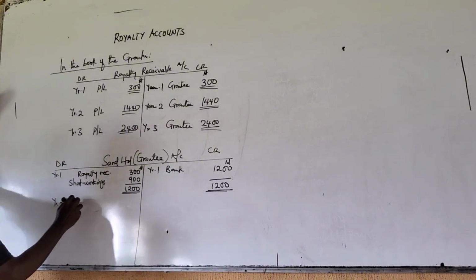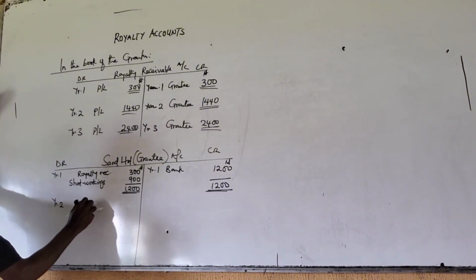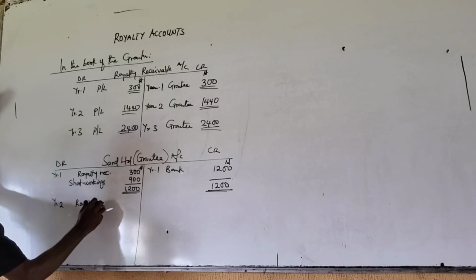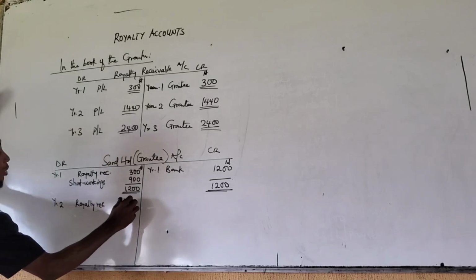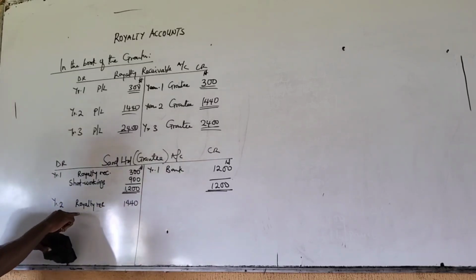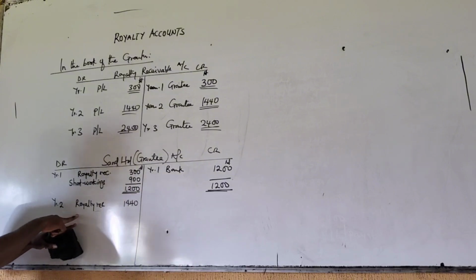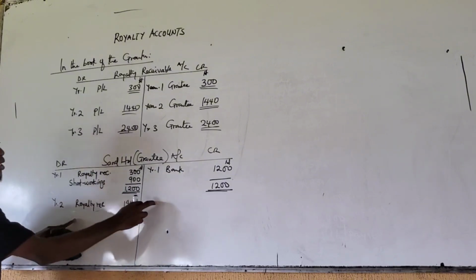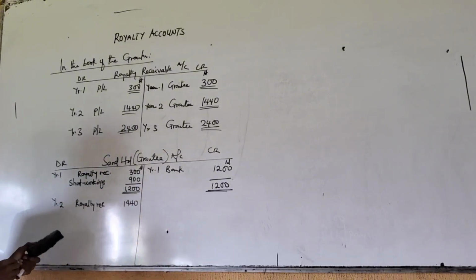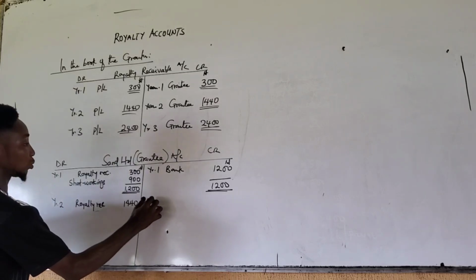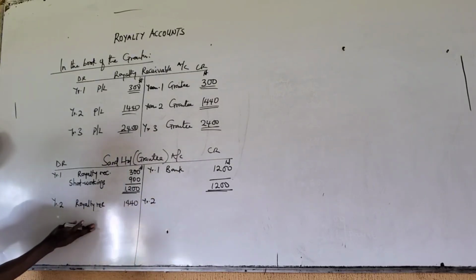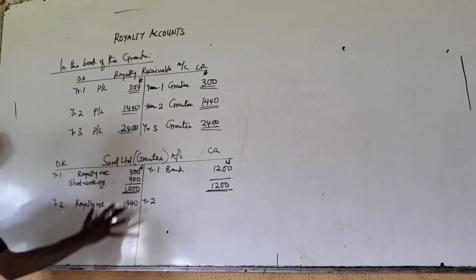Year two, how much is the royalty receivable? 1,440. Since there was no short workings, it was excess. You have to record the excess on the credit side. So you see, in that year two, there was no short workings. If it was short workings, it would have taken the same column, the same side of the grantee's account.